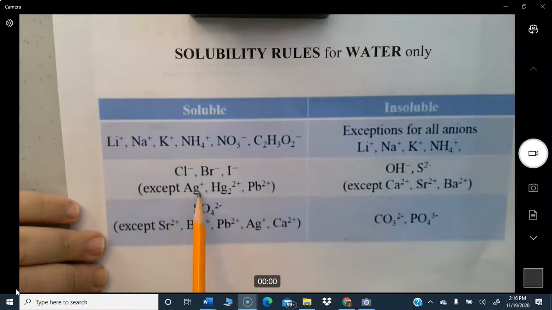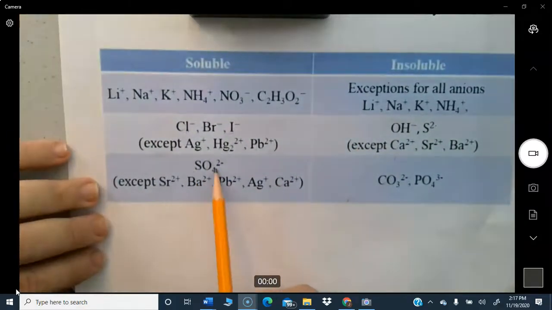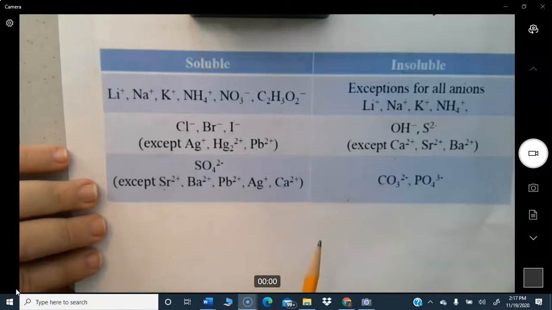So if you have silver chloride or mercury chloride or lead chloride, or again, any of these combinations here, these anions and cations, those will not be soluble. So these are soluble except when any of these are paired with any of these. Okay. Down here, sulfate, same thing. It's soluble with pretty much anything except these 5 cations. With those, it will not be soluble.